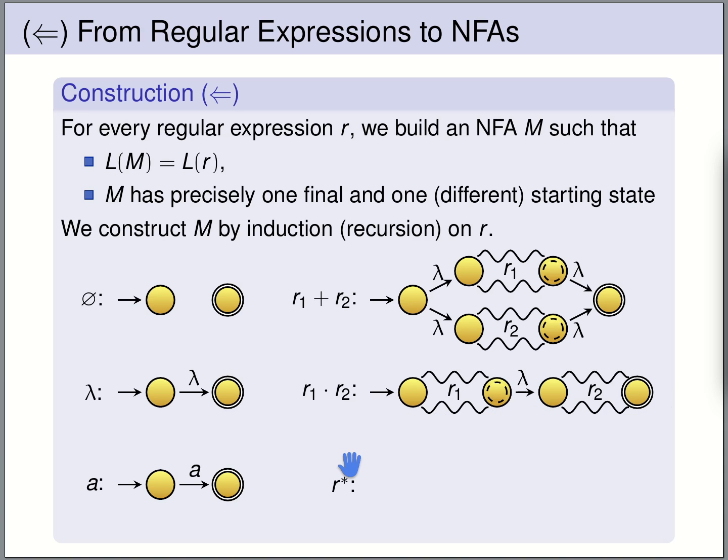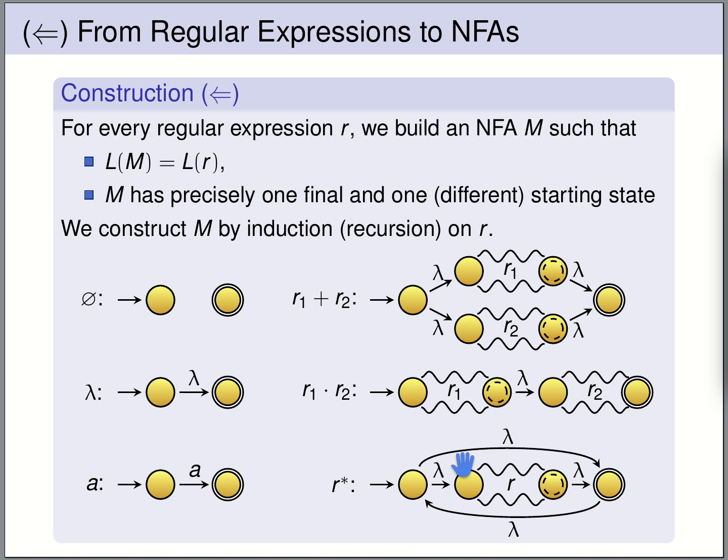Now for the Kleene star, so R to the star, we again assume that we have translated the regular expression R into a non-deterministic finite automaton, and we create a new automaton by adding a fresh starting state, a fresh final state, a lambda transition from the fresh starting state to the old starting state, a lambda transition from the old final state to the fresh final state, and lambda transitions between the fresh starting state and the fresh final state.